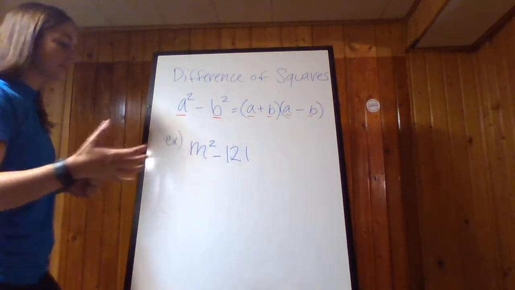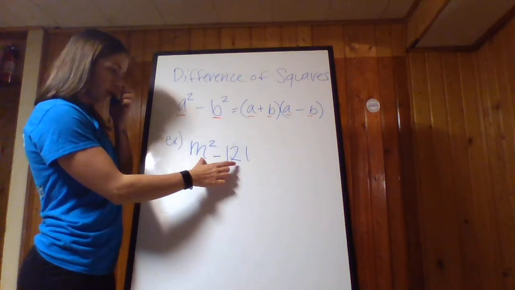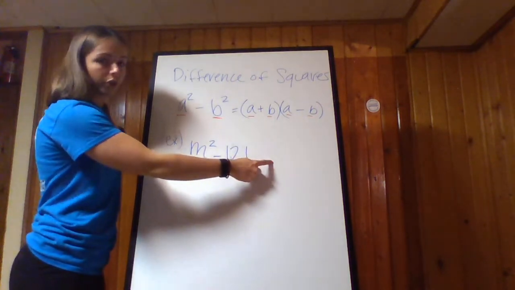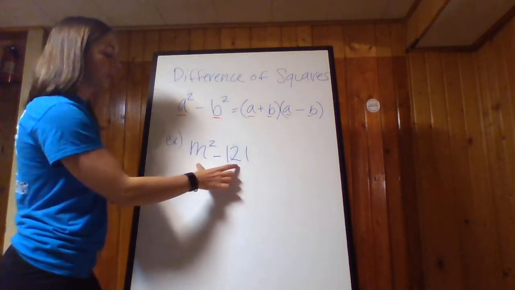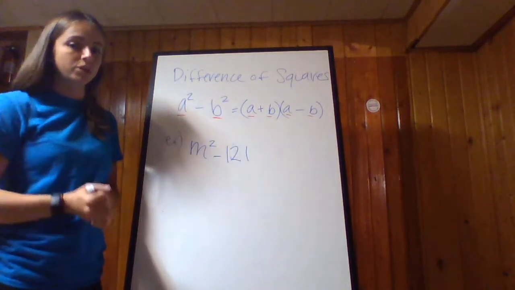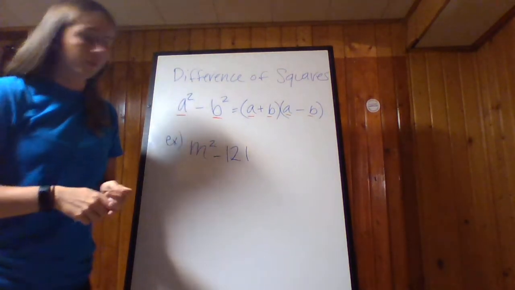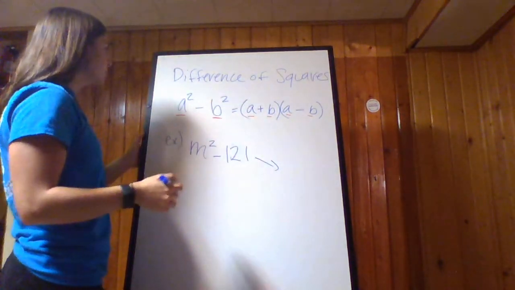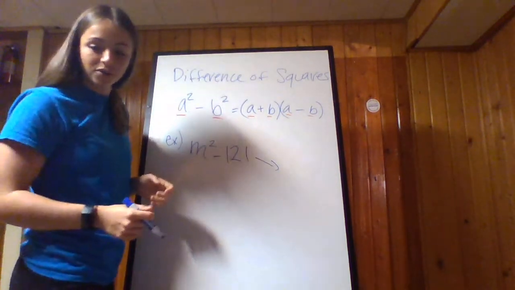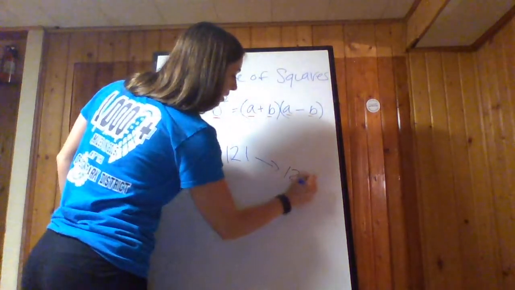So this is basically a binomial that has two different terms. If there was a third, I can't use difference of squares. I can only use it when I only have two terms, both of which can be turned into a perfect square.